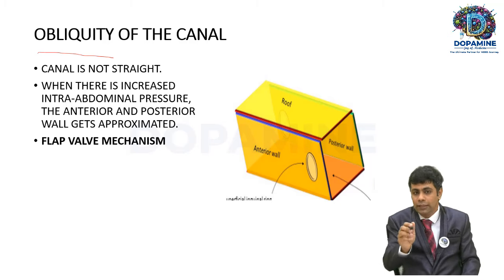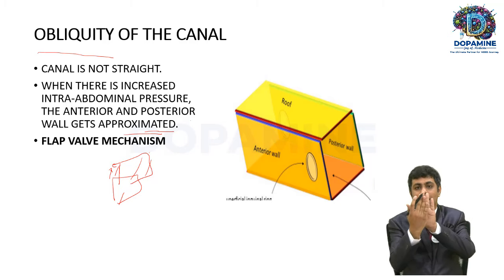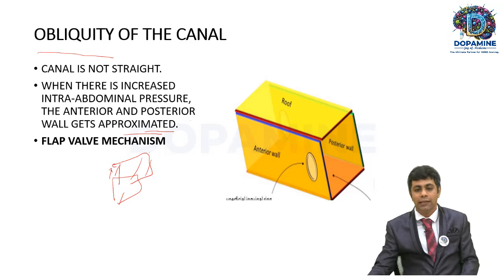So whenever there is an increased intra-abdominal pressure, the anterior and the posterior wall get approximated, so that it becomes one layer. So the rings will be closed.